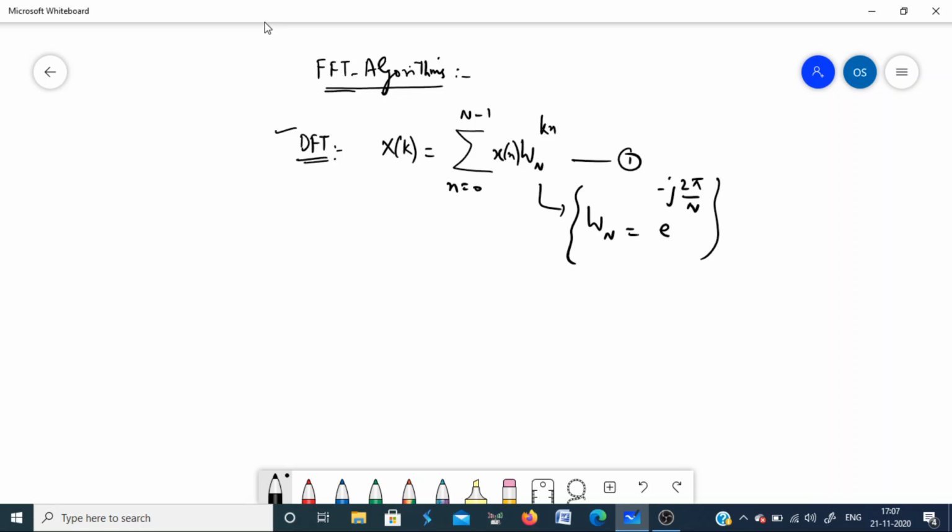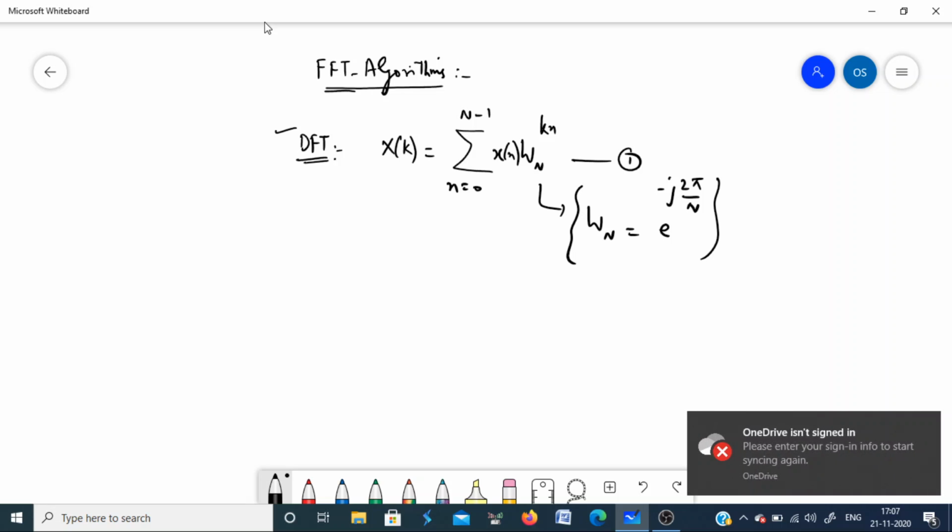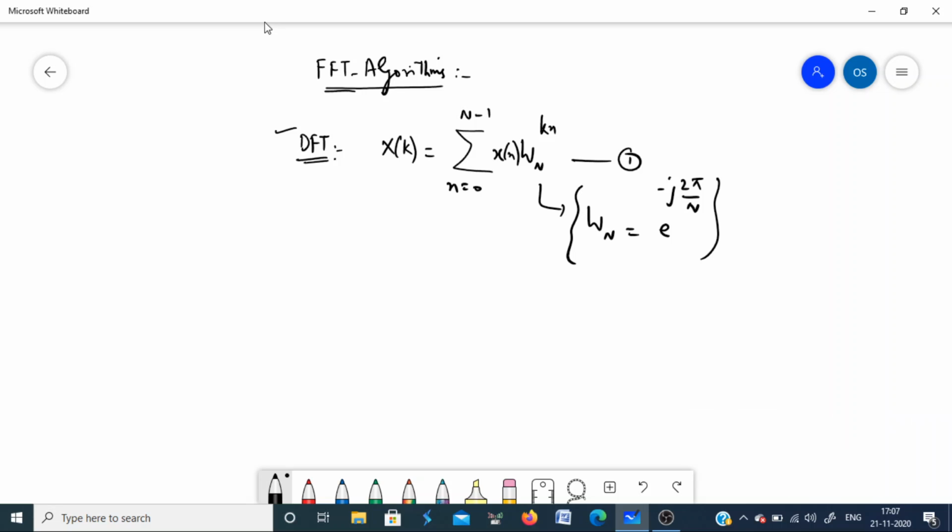Okay, it means the computational complexity is reduced when you apply FFT. It is not a transform basically, it is a method to calculate DFT very efficiently. We will see how it is efficient as compared to the direct computation of DFT.